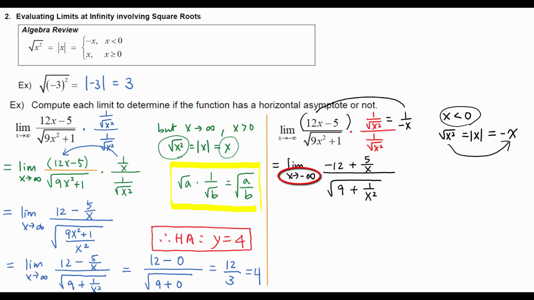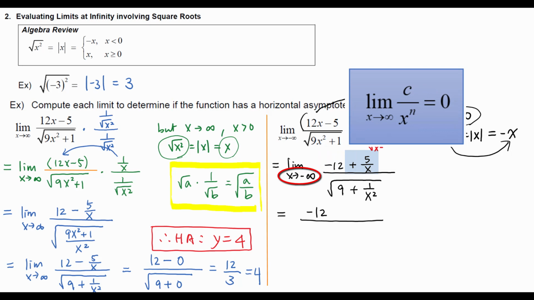So when you send x to negative infinity, the limit of negative 12 as x approaches negative infinity is still negative 12. The limit as x approaches negative infinity of 5 over x goes to 0.